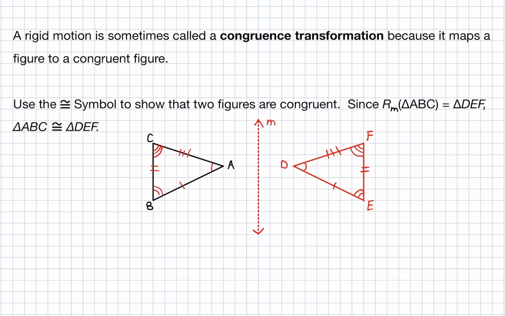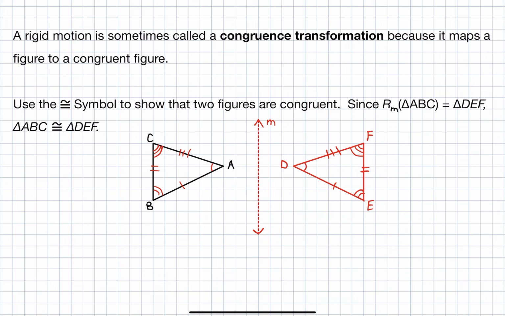Now we also have another marking, which is this little arc here for angle A, and we also have one for angle D. And since these are both single arcs, we would say that angle A is equal to angle D. And then here for angle B, we've got two arcs, and angle E has two, so both of those angles are the same.